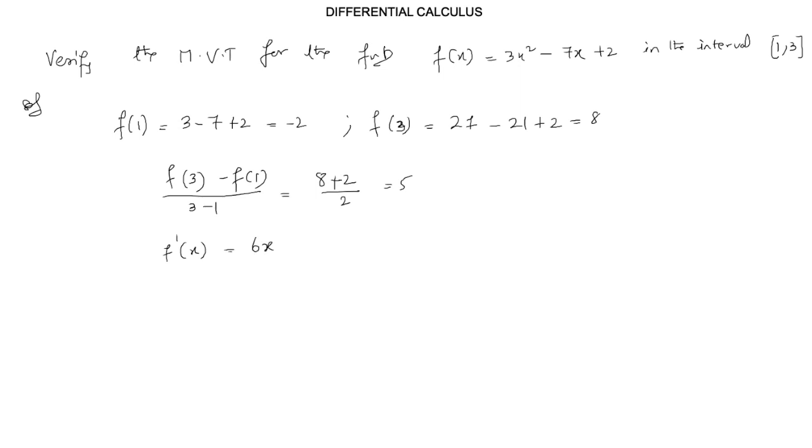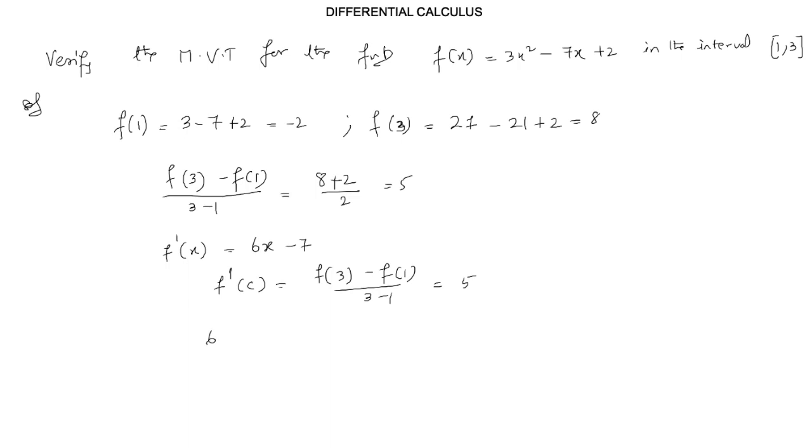Now f dash of x would be 6x minus 7, differentiating with respect to x, and f dash of c is f of 3 minus f of 1 divided by 3 minus 1, which is 5.